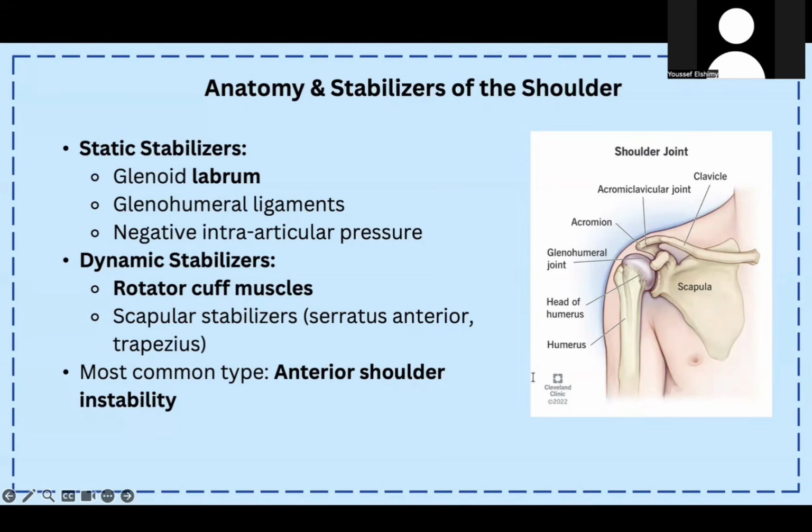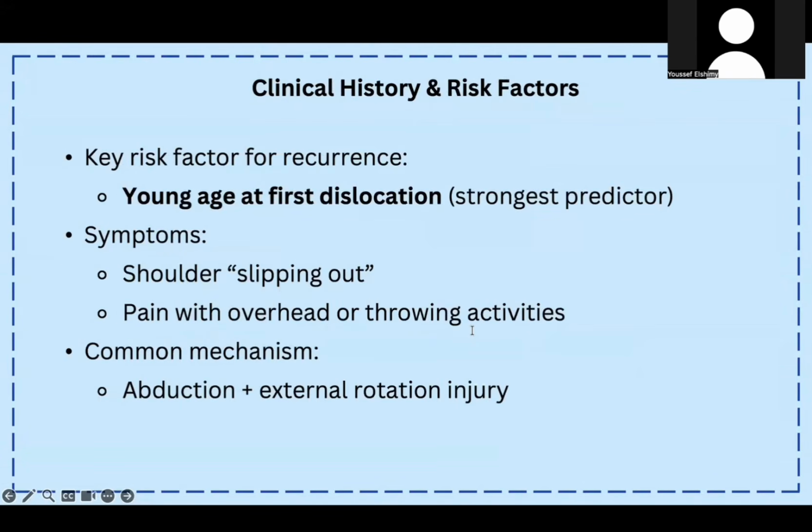The most common type of shoulder instability is the anterior shoulder instability because the anterior stabilizing structures are relatively weaker. So what would be the clinical history and the risk factors? One of the most important predictors of recurrent shoulder instability is the age at which the first dislocation occurs.